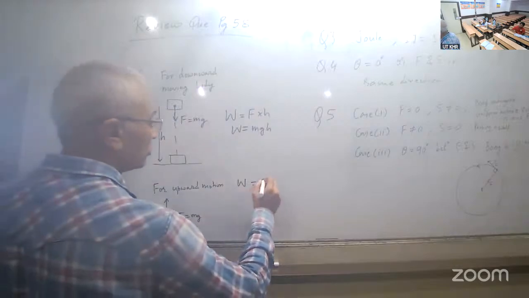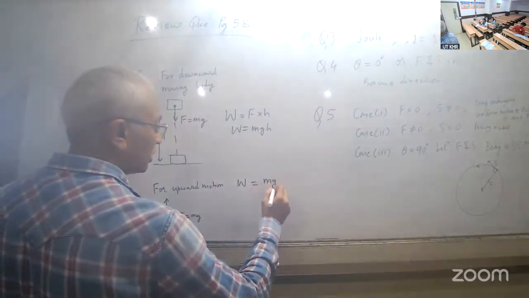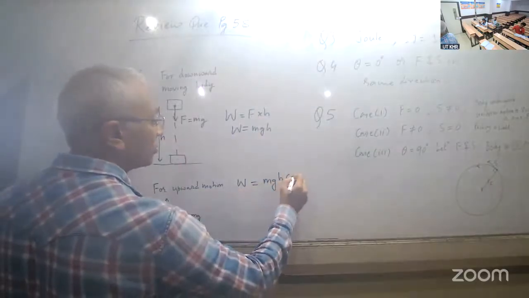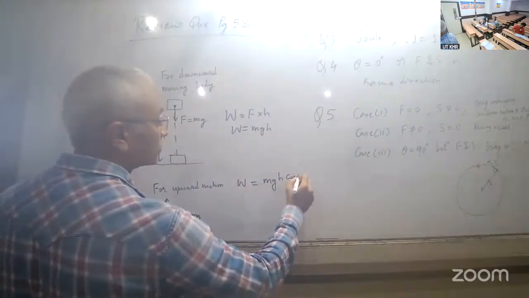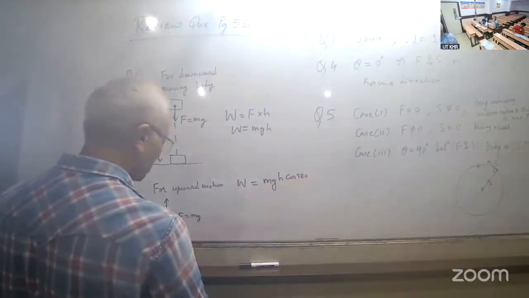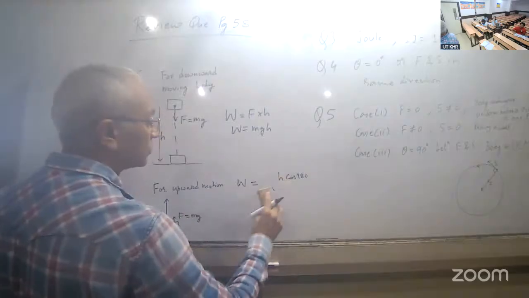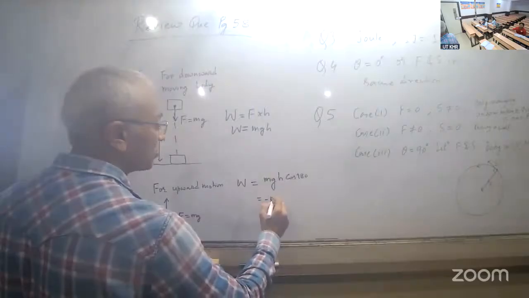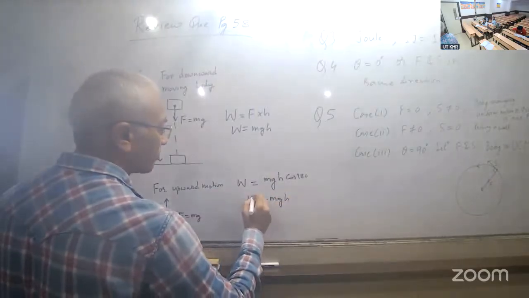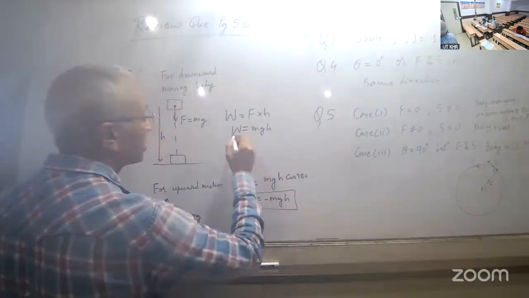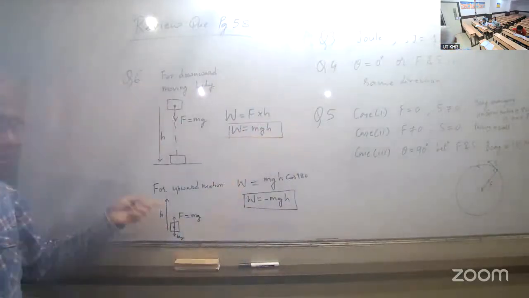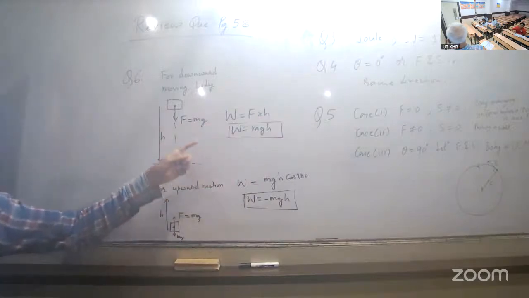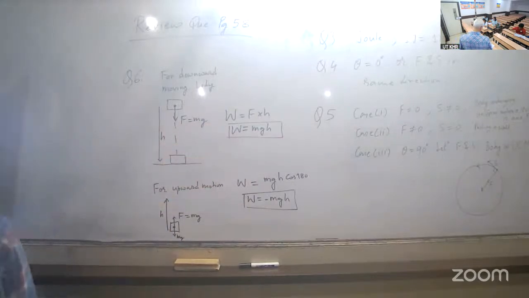So W is equal to mgh into cos 180, which is minus mgh, because we are calculating work done by gravitational force, not the force which is lifting the body. So these are the two possibilities for work done by gravity.